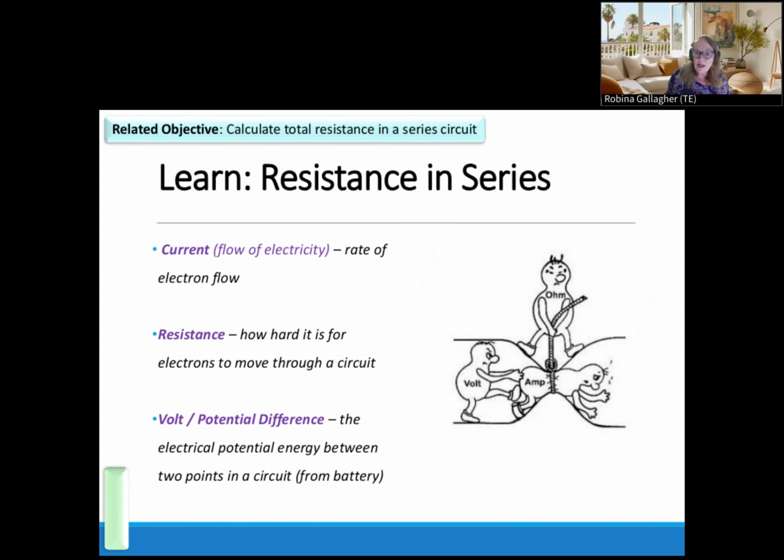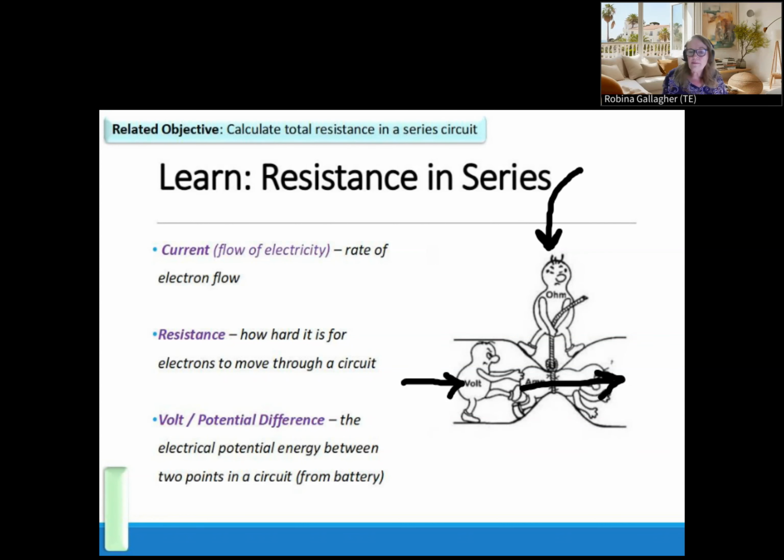So when we think about this, what's happening is you've got the current. Hey, Maddie, so glad you could be here. The current is flowing through the wire. The volt is the potential difference from the battery that's pushing those electrons through the wire. And then we have our resistance.